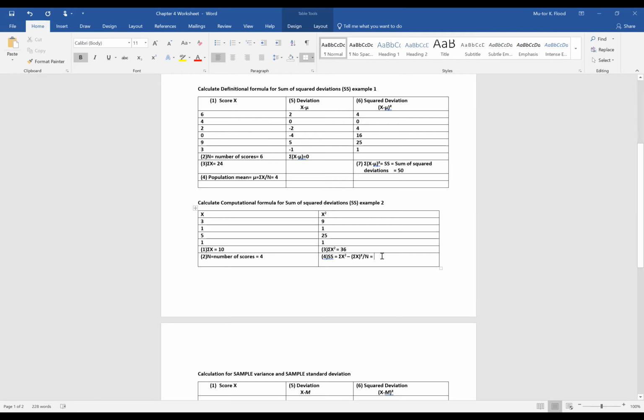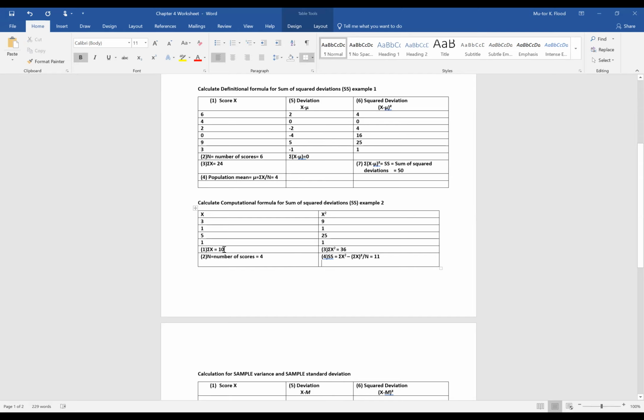All right. And then we're going to plug everything into our equation, right? And that is going to give us 11. Because we plug what the sum of the squared scores is, 36, right here.